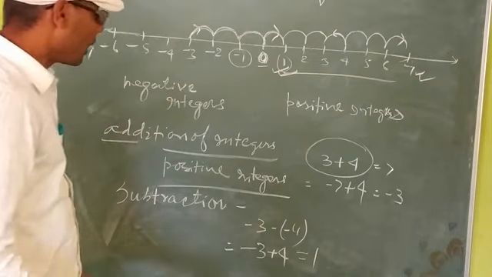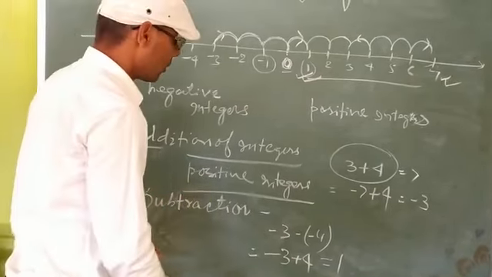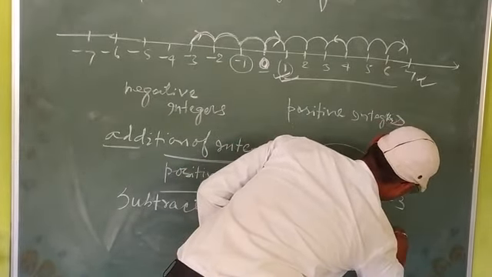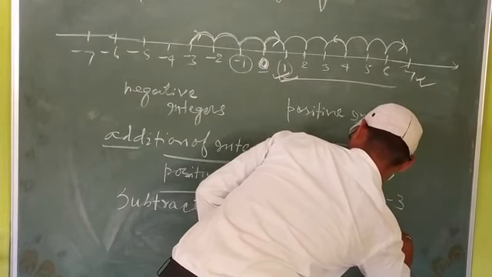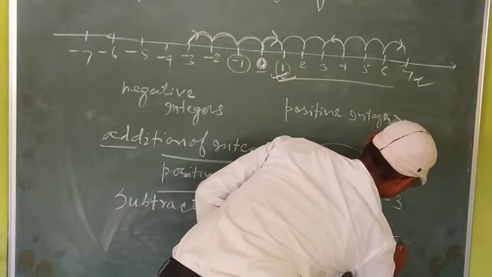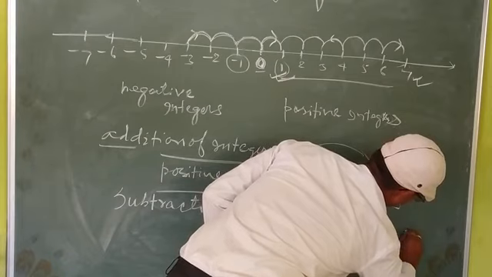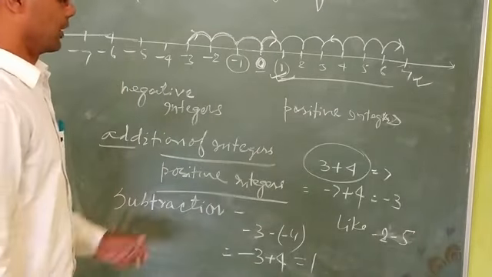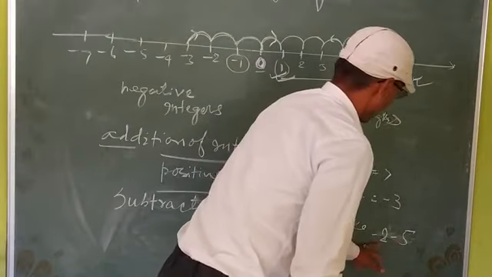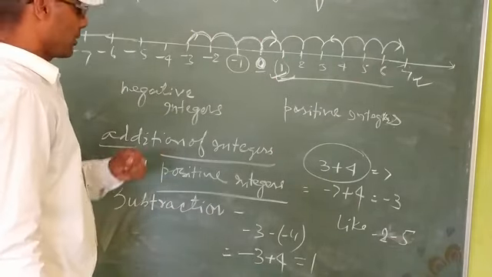If one is negative and one is positive, like -7 and 4. Look here, -2 and -5, both are negative. -7 and -5, we have to check it.